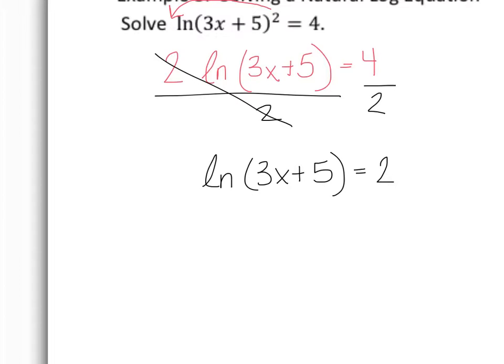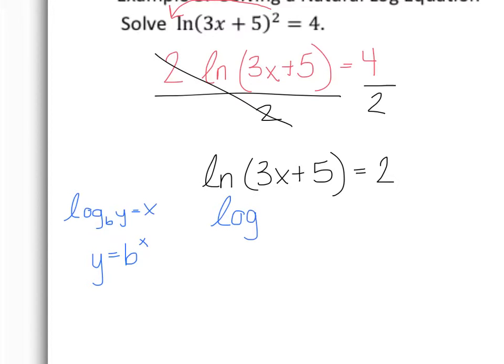Do you remember that? If we have log base b of y equals x, we can switch it to the form y equals b to the x. So for us, I'm going to rewrite this as a log. It's log base what?